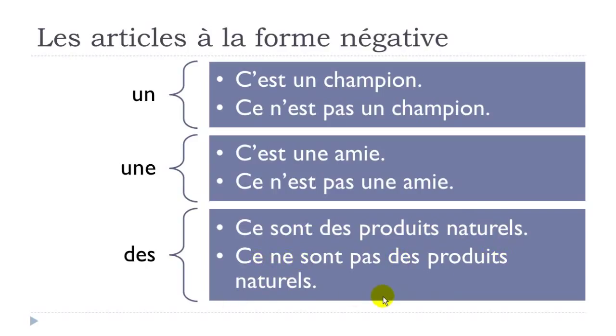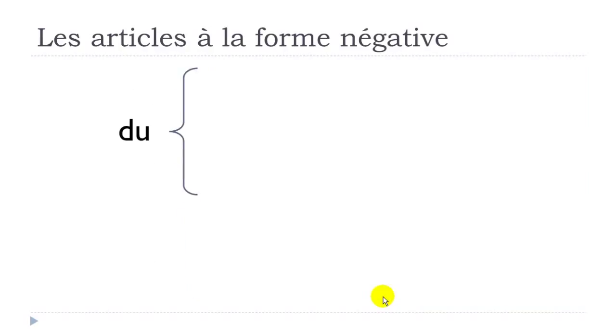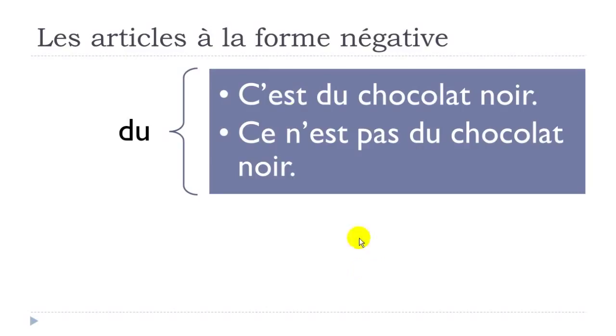All right, so what can we say about that? Oh, sorry, we've got the partitive as well. So, du, same thing, c'est du chocolat noir, okay? Chocolate, and then noir, it's black, so dark if you want. C'est du chocolat noir, okay? Négation, ce n'est pas du chocolat noir, okay?